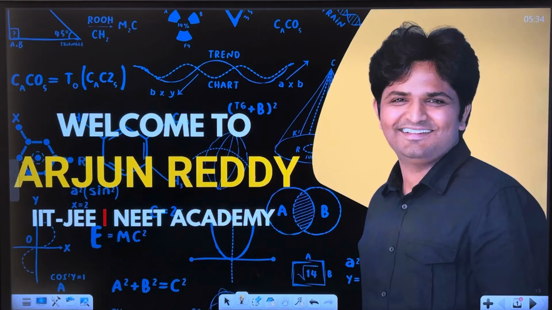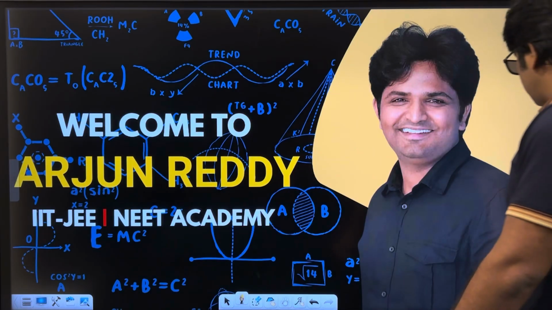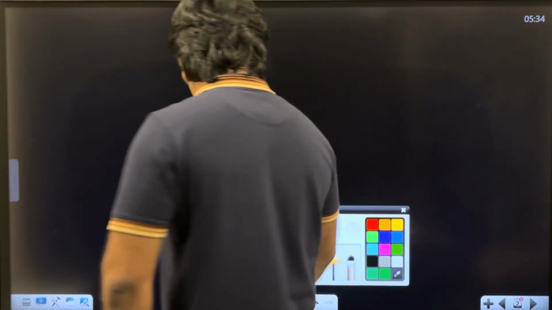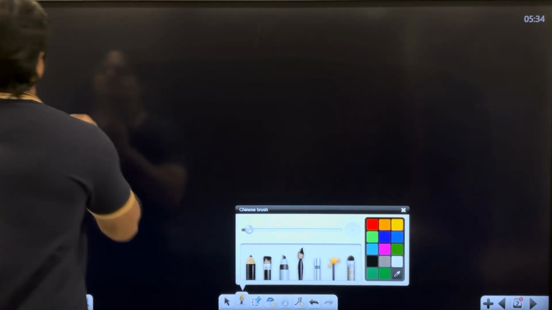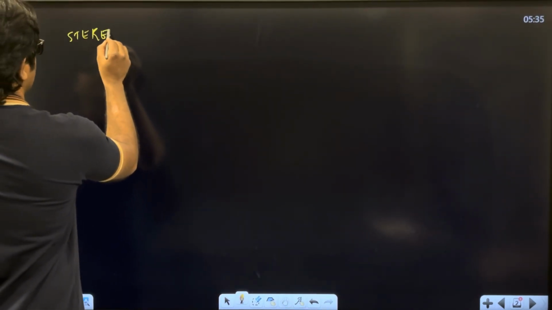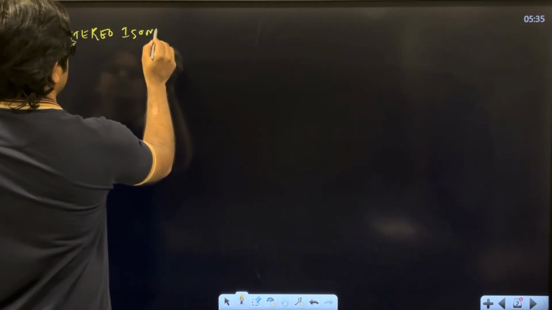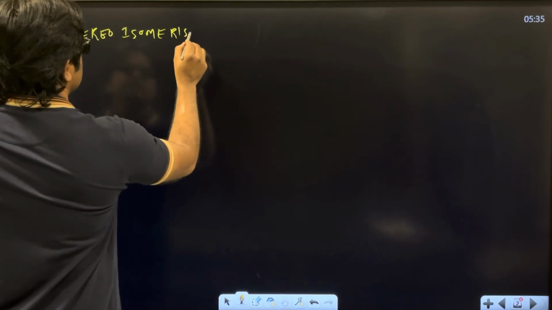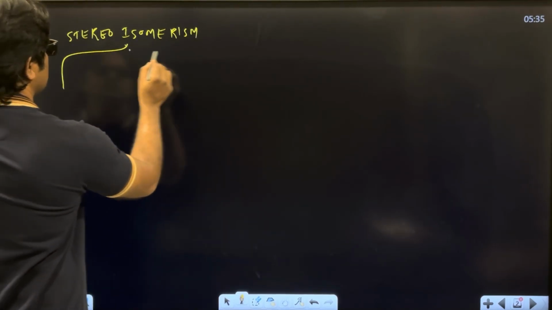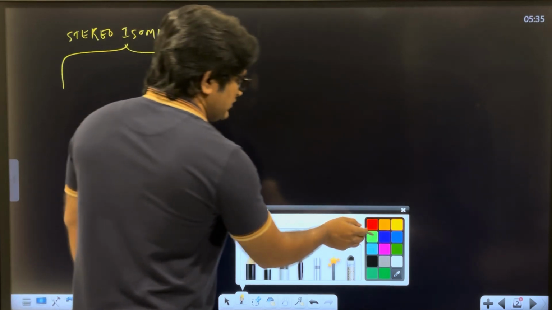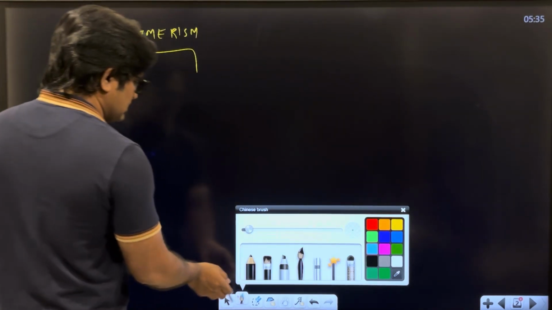First, let me explain the basic classification of stereoisomerism. In stereoisomerism, we have two types: configurational isomerism and conformational isomerism.